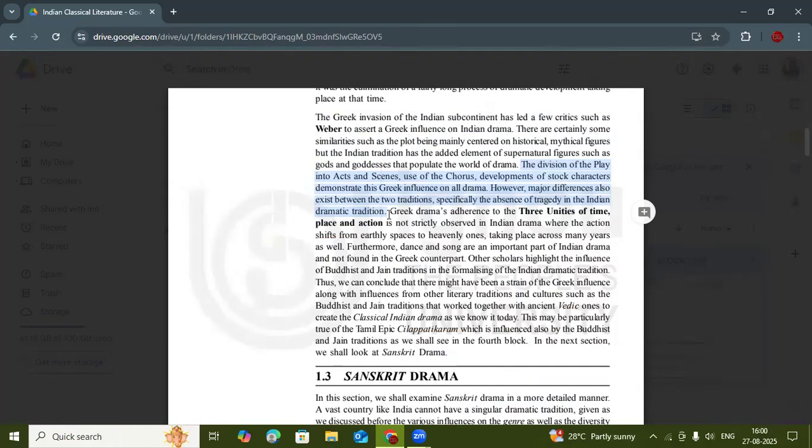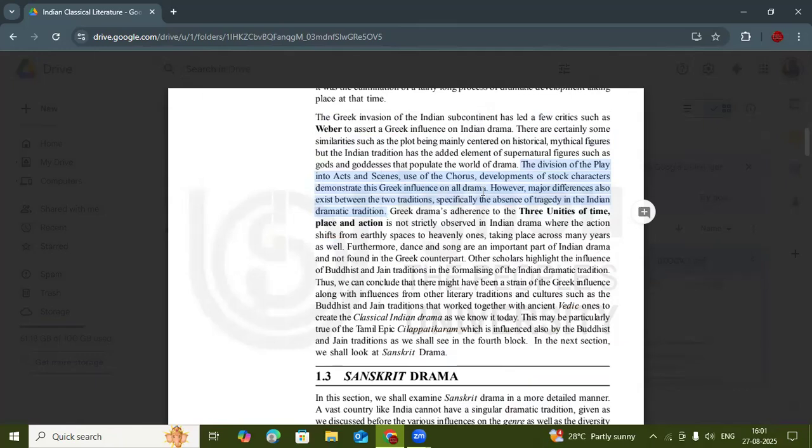So the division of the play into acts and scenes, use of the chorus, development of stock characters, all these show that Indian drama is also influenced by Greek drama. What are the factors that show this? The division of the play into acts and scenes, use of the chorus, development of stock characters. By this we can understand the Greek, they got influence from the.